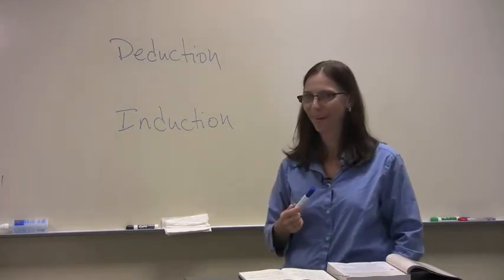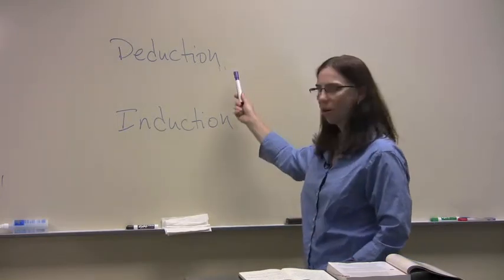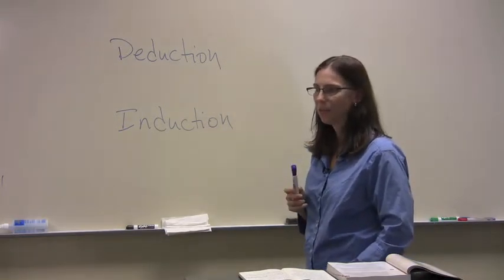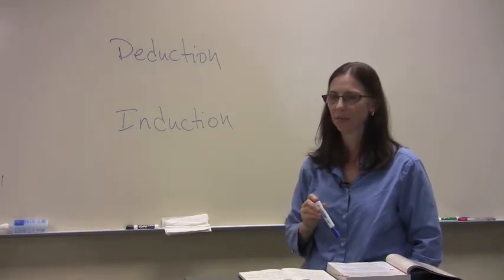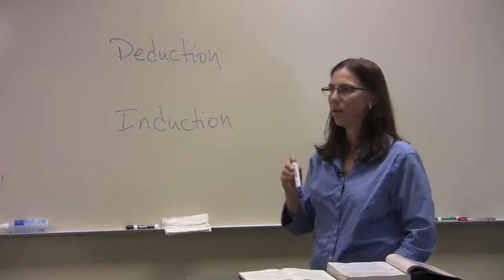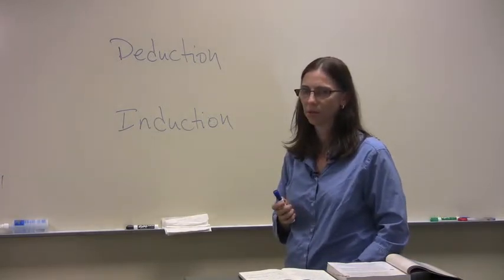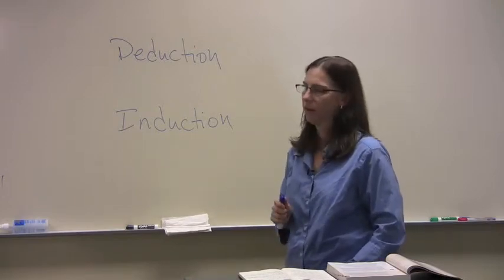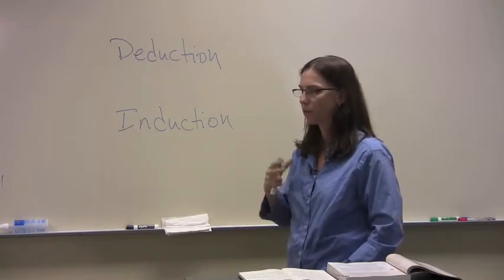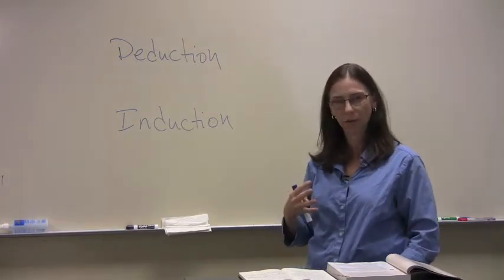But the important thing right now is that you understand the definition. To call an argument deductive means if you can establish the truth of the premises, that it is impossible for the conclusion to be false. So deduction operates with certainty. And it has to do with the structure of the argument that affords you that kind of certainty.